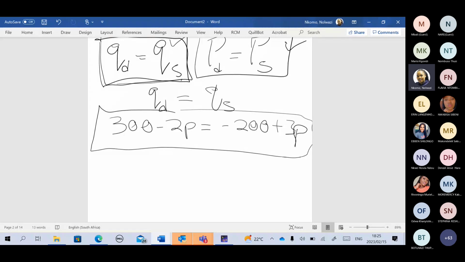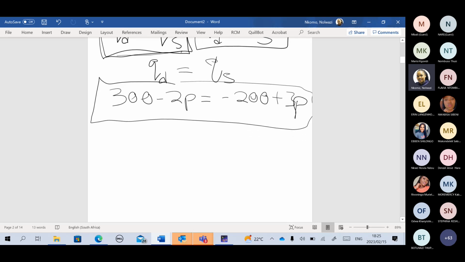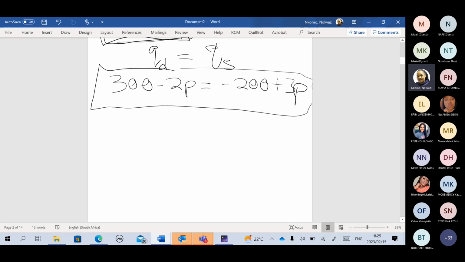So the next step is to make P the subject of the formula, meaning we have to drop the terms with P on one side and the other terms without P on the other side. I will transpose 3P to this side and transpose 300 to that other side. And remember, if you transpose a number to the other side of the equal sign, then the sign changes, right?